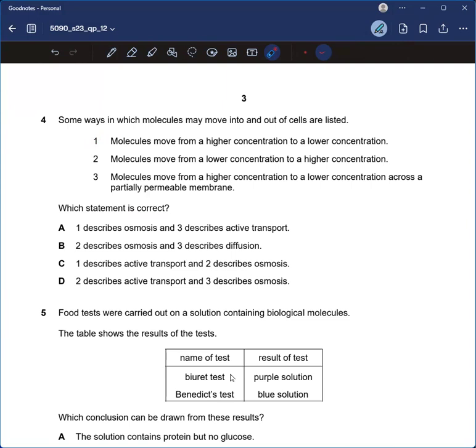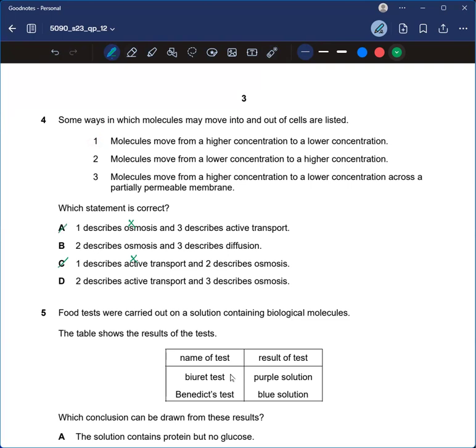Molecules move from a higher concentration to a lower concentration across a partially permeable membrane. So in 1, we are talking about diffusion. Here, they're saying 1 describes osmosis. This is incorrect. Here, they're saying 1 describes active transport. This is also incorrect. So A and C would be ruled out.